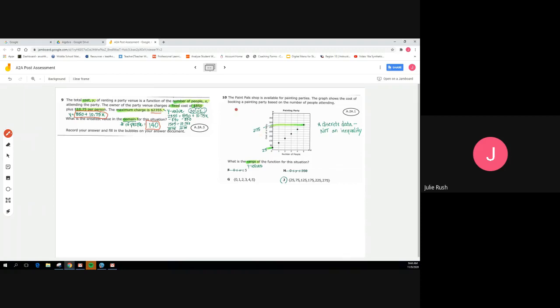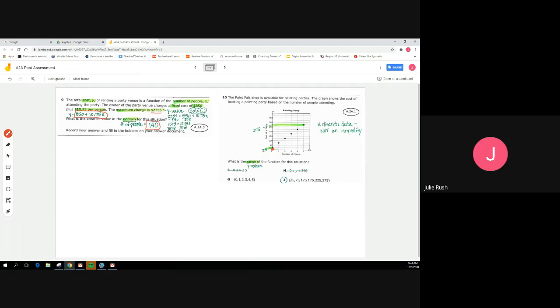And then number 10 says the Paint Pals shop is available for painting parties. The graph shows the cost of booking a painting party based on the number of people attending. What is the range of the function for this situation? So notice my range happens on my y-axis. I can look at my data points, and they stop at the highest, they stop at 275.